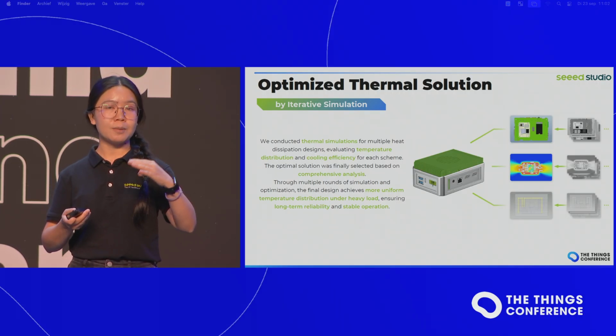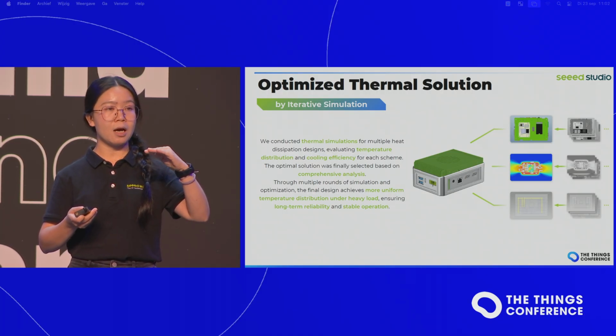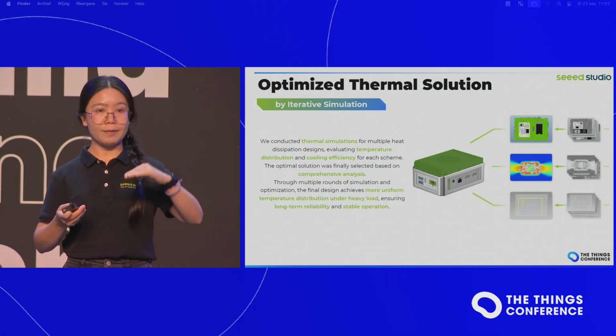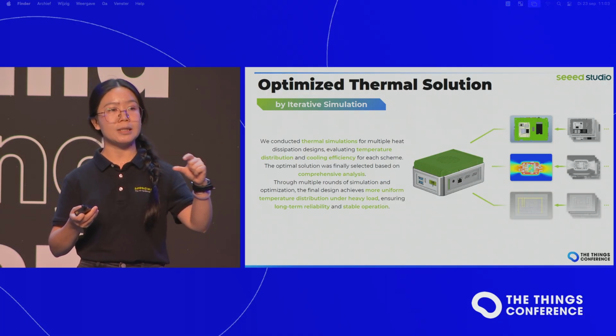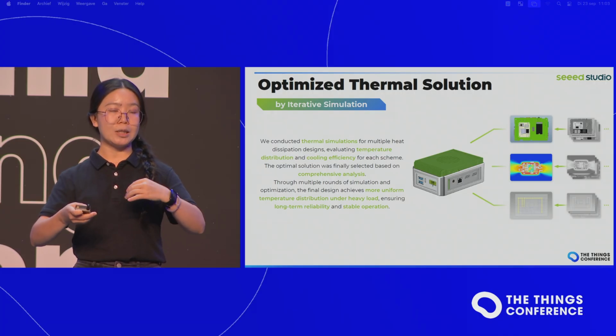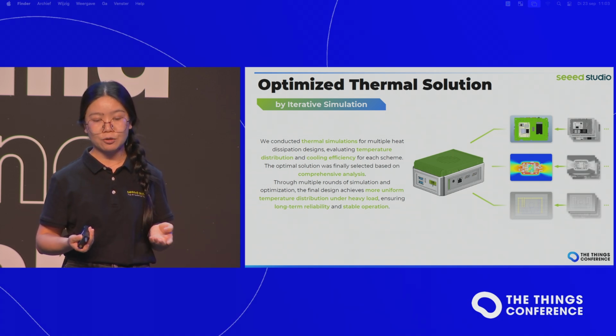For example, when we talk about AI performance, if it's a peak AI task with a very heavy load, then it might generate a lot of heat. We also consider heat processing, the thermal solution for the PCB layout, as well as the materials, or active cooling or passive cooling, etc.